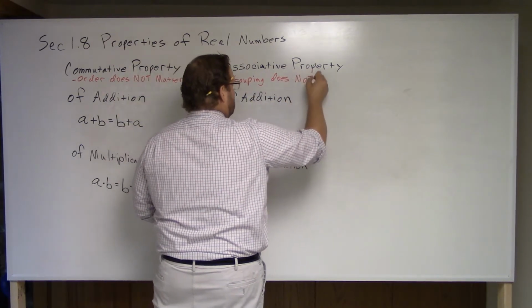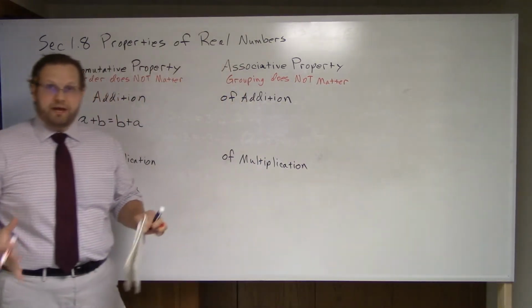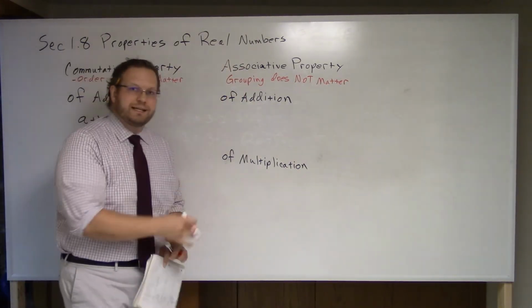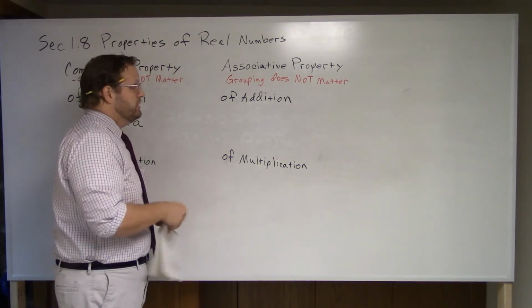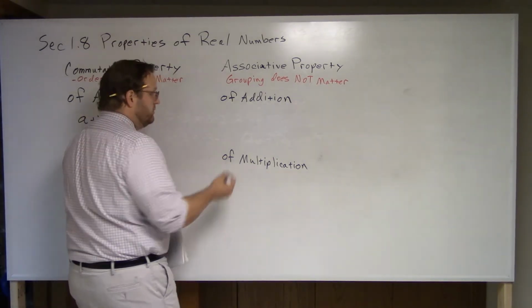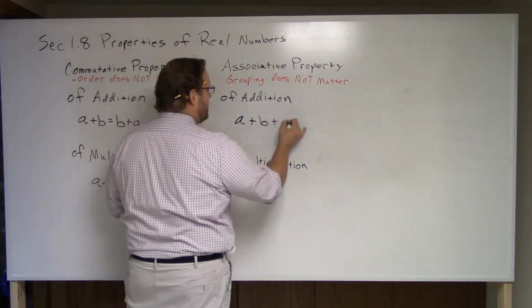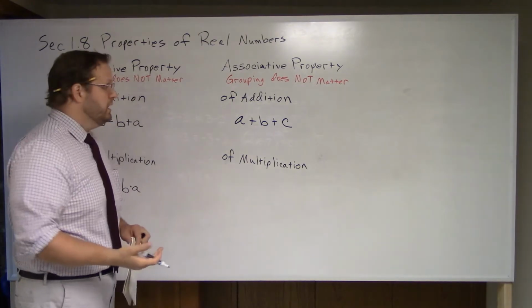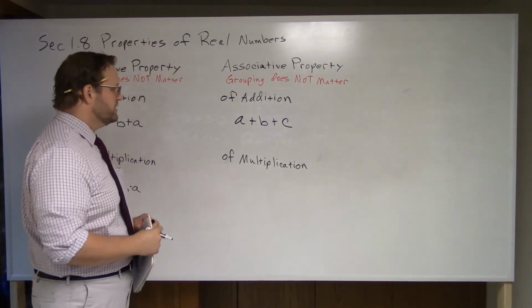Does not matter. Okay? Now, in general, grouping matters a lot, but in these situations, it doesn't. So, what does that look like? Associative property of addition would be when you have, for instance, 3 things, could be more, okay? But just using 3 for illustrative purposes.